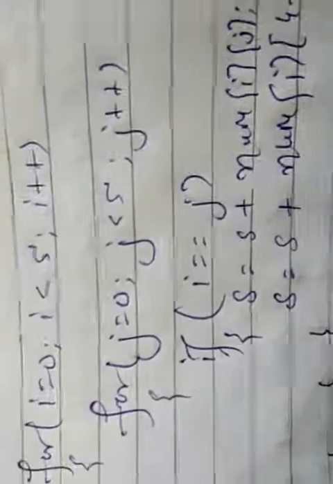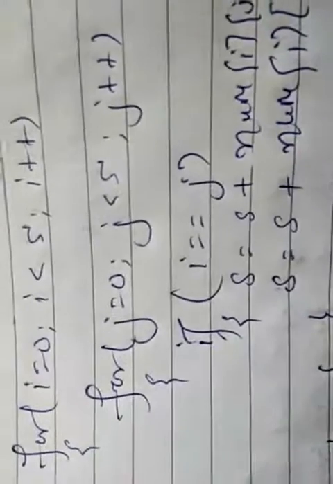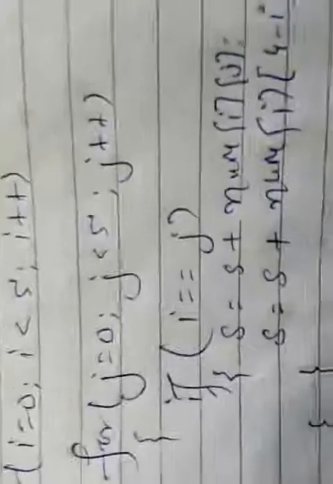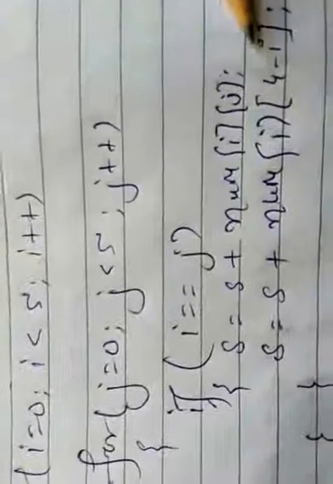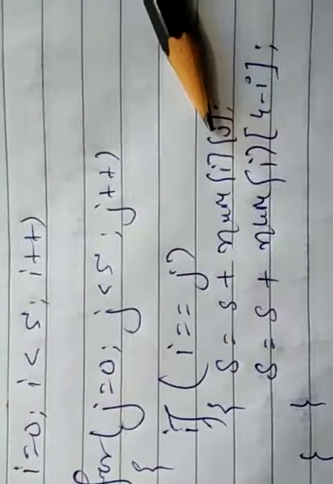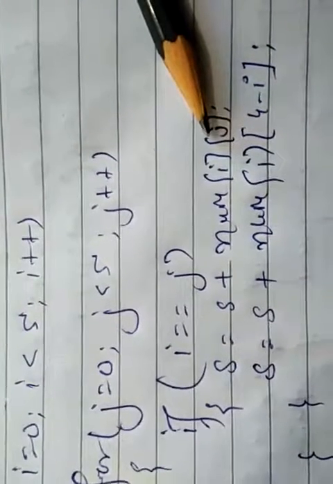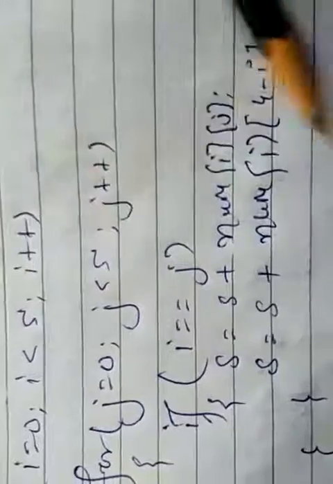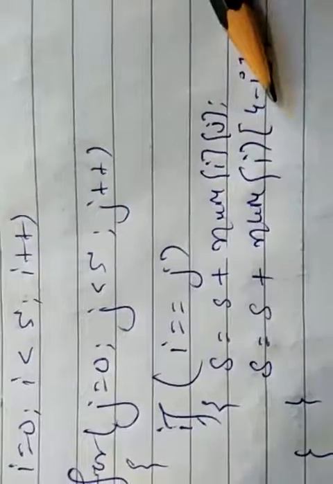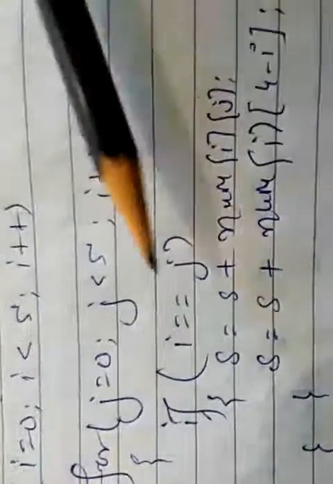And now here we are calculating the diagonal sum. So the loop will be i equals 0, i is less than 5, i plus plus, j equals 0, j is less than 5, j plus plus. And when i equals j, we take the diagonal sum from left to right, and this other one is the diagonal sum from right to left. So the sum will be num[0][0], [1][1], [2][2], [3][3] and [4][4].